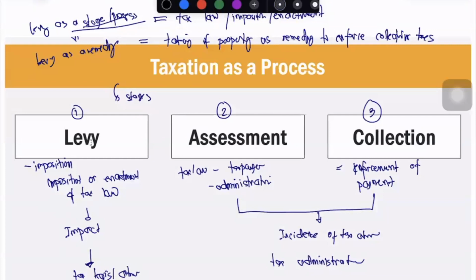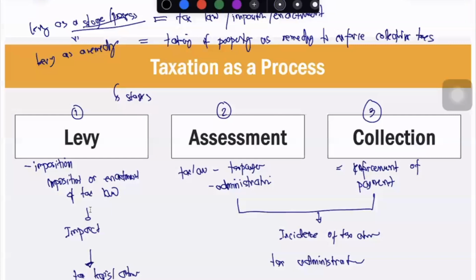Levy is the tax legislation, while your assessment and collection is your tax administration. So soon, when we discuss your tax administration, we will more expound on this levy, assessment, and collection.